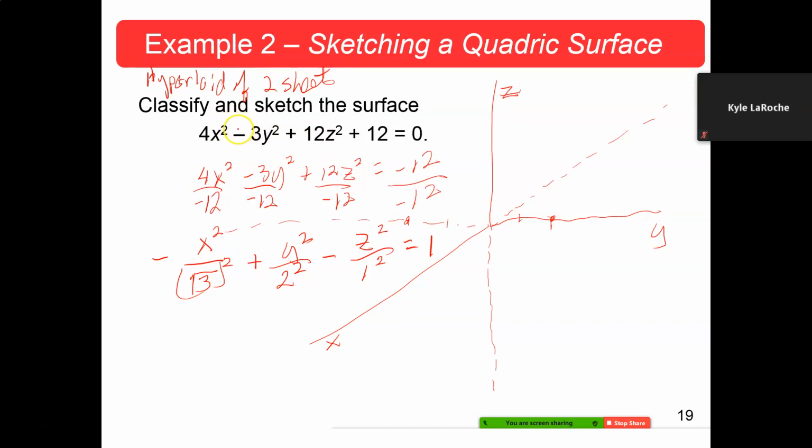Okay, now what that leaves you with is, if you ignore the z for now and have y squared minus x squared, basically here, that gives you hyperboloids in the xy plane.